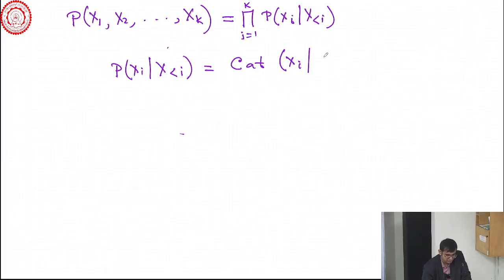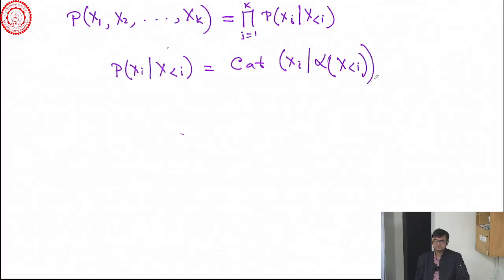Let us use alpha, alpha of x less than i. Okay. So this is basically a categorical distribution over xi where the parameters are a function of previous x's, right, and this parameter you will write it as, any idea how I will write the parameters?